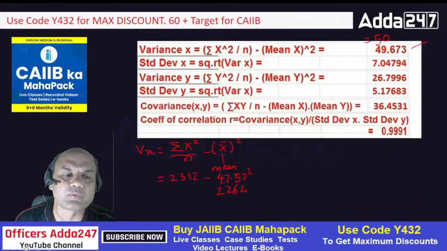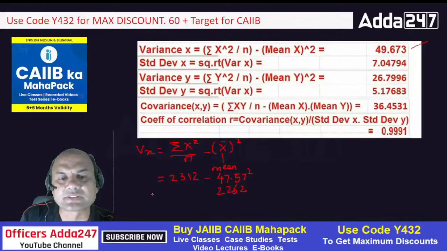Now similarly, variance of y equals the same formula again: summation y square upon n minus y bar square. Now I won't calculate y square upon n because it's over here. Say this 1513, this is y square upon n, and this is y bar.